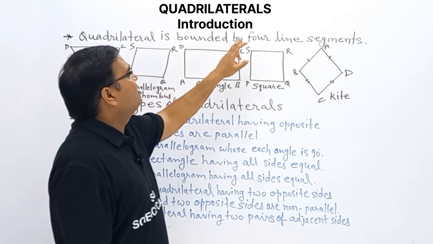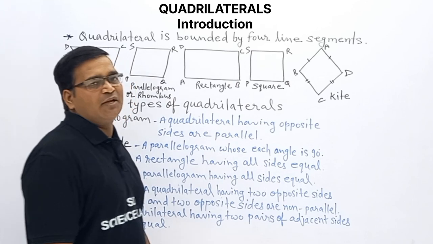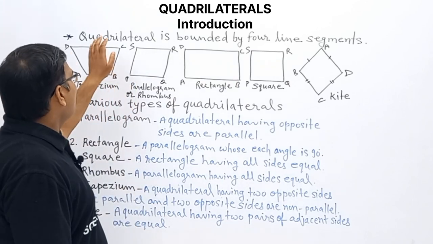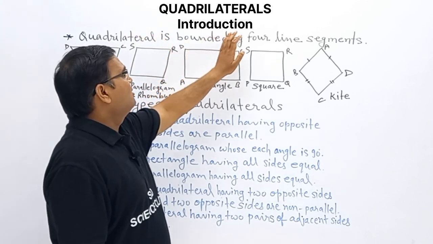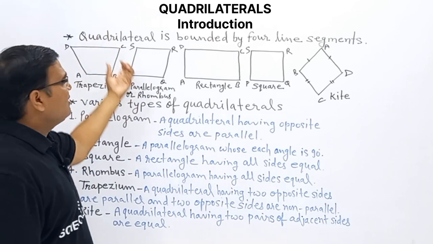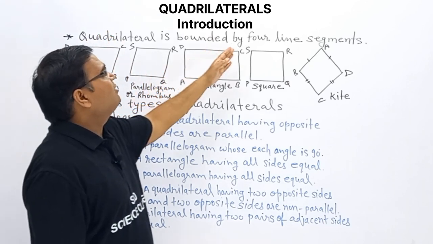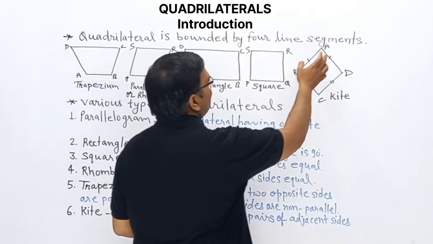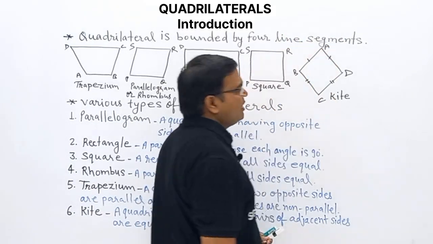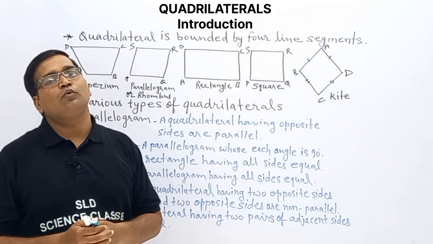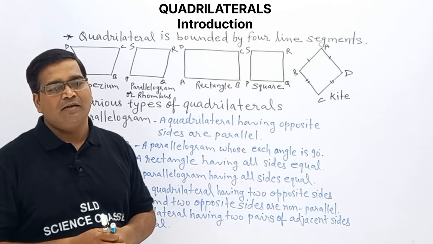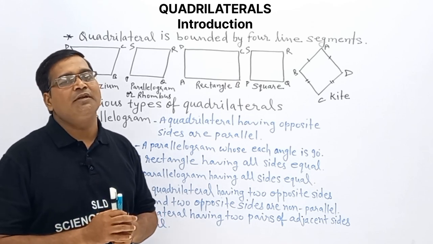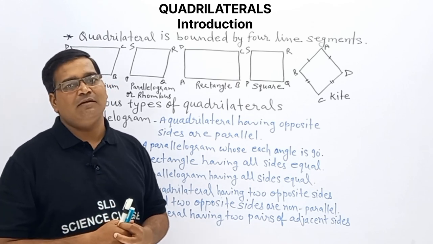Quadrilateral is bounded by four line segments. A quadrilateral is a plane figure and it is bounded by four line segments. We studied already, we know well about the line segment. A line having two endpoints is called a line segment.